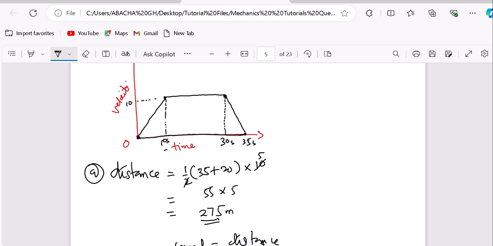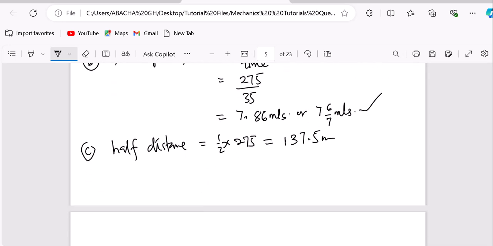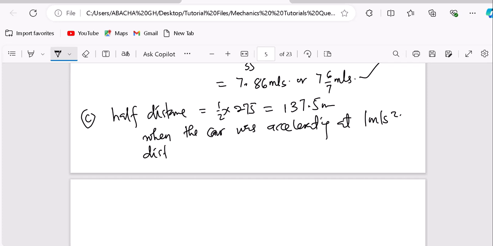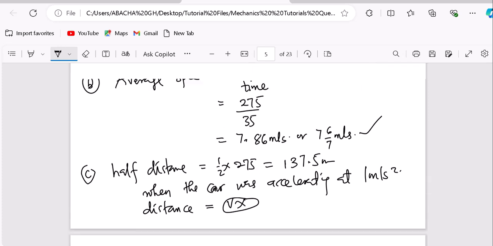Okay, let's find the distance for when the car was accelerating at 1 meter per second squared. We'll just find the area of that part.